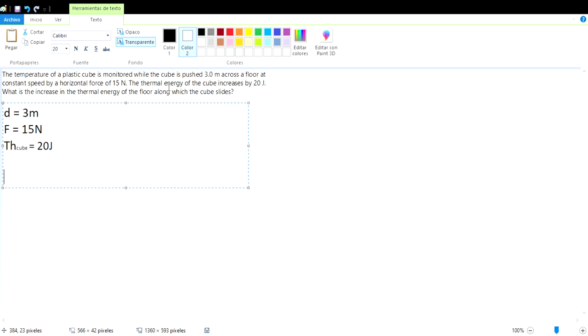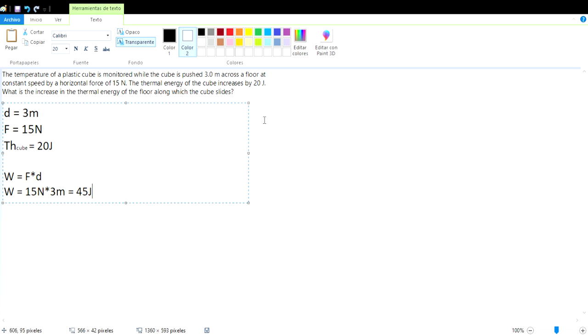So to express the work we have the basic formula, which is work is equal to force times the displacement distance. Changing the variables, we find that the work is equal to the 15 newtons applied on the cube times the 3 meters, which is the distance the cube is pushed. So the whole work in this displacement is 45 joules.